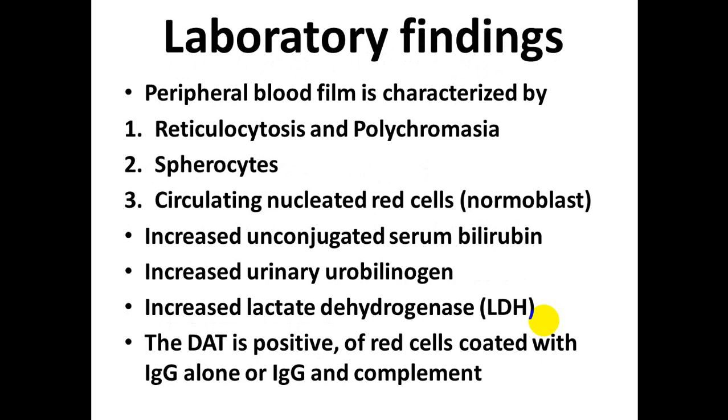Laboratory findings in warm antibody autoimmune hemolytic anemia. The peripheral blood film is characterized by reticulocytosis or polychromasia. Red blood cells are small spherocytes. There are circulating nucleated red blood cells or normoblasts.